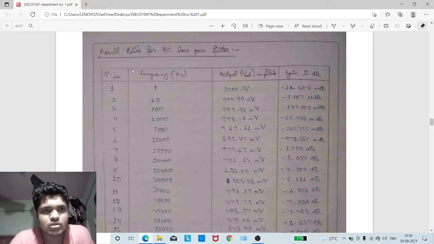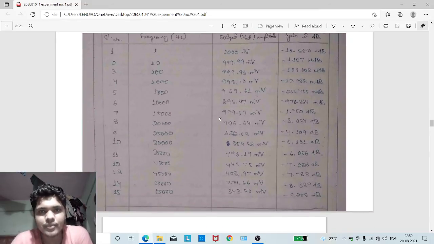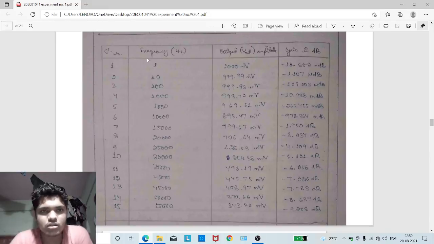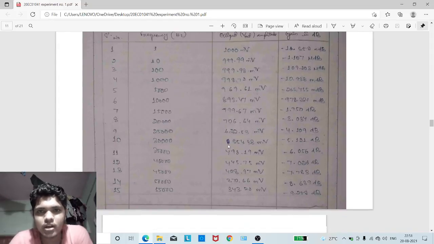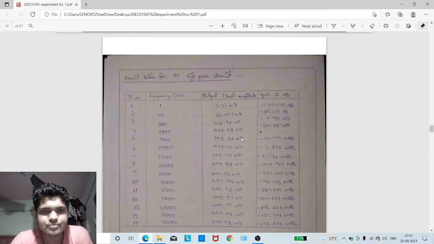Then we take the observations and find the differences at last. Here is the observation table for the RC low pass filter. As we can see, as the frequency is increasing, the output amplitude is decreasing from 1000 to 343.28 mV, and the respective gain in dB is also found here.